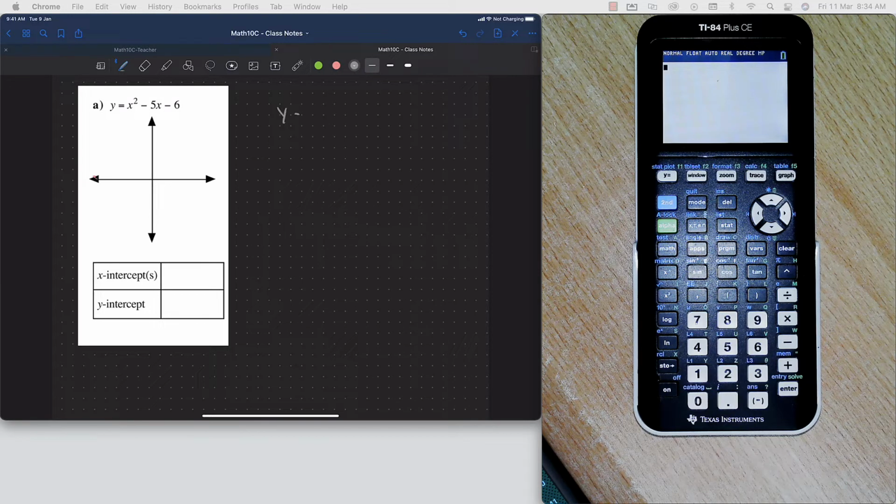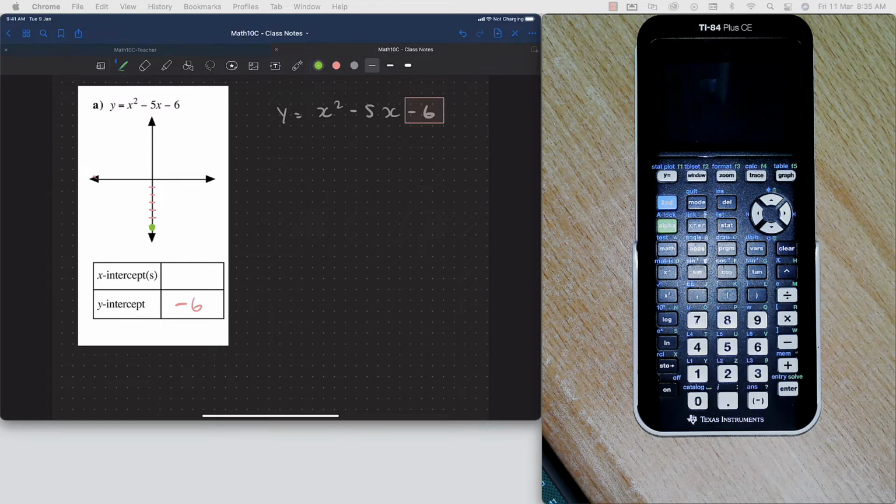Okay, so y equals x squared minus 5x minus 6, and we know that as long as it's in this format right here, that value is my y-intercept. So negative 1, 2, 3, 4, 5, 6, that is where my y-intercept is going to be. Now, we need to take a look to see where my x-intercepts are going to be, and to do that, I just need to factor this thing out.